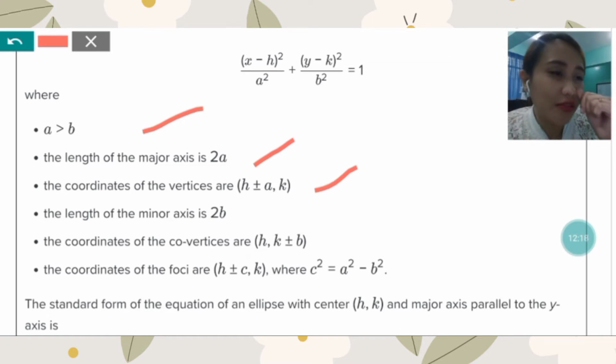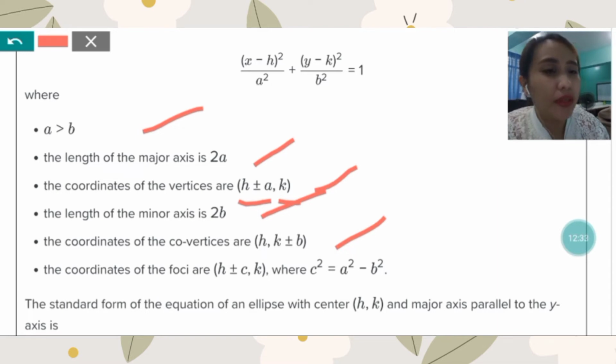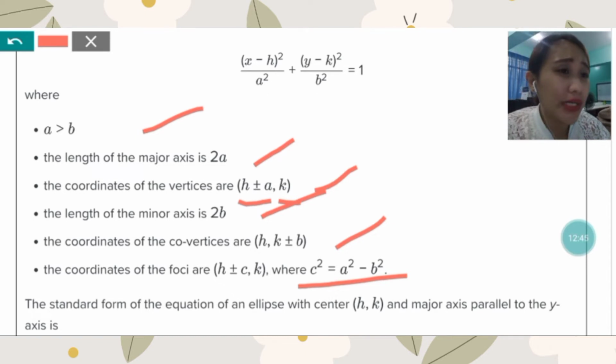Since it's not anymore at the origin, we will be using the coordinates (h, k). The length of the minor axis is 2b. The coordinates of the co-vertices are (h, k plus minus b). The coordinates of the foci are (h plus minus c, k), where c squared is equal to a squared minus b squared. Anyway, that will be elaborated later on.